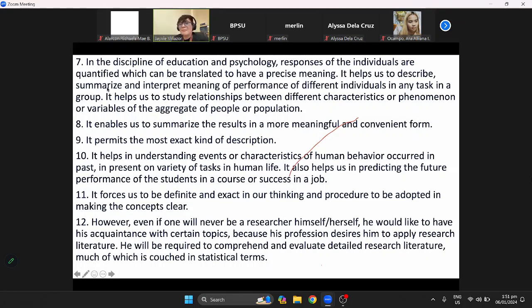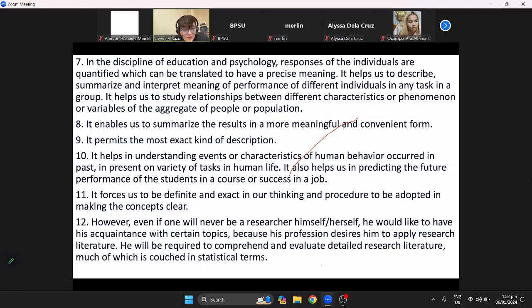So again, di ba, pag gumagamit tayo ng statistics, we become more definite and exact in our thinking. Kasi nga, we're using numbers. We're using numbers in conclusion or in accordance to which one is majority. So, let's say for example, di ba, ano ba yung maganda example dito?